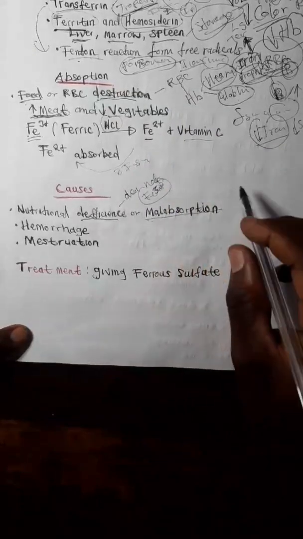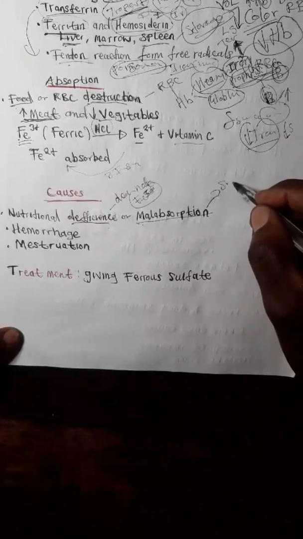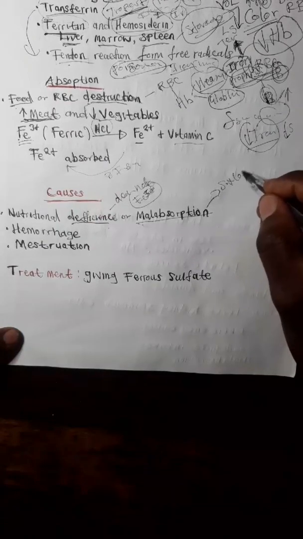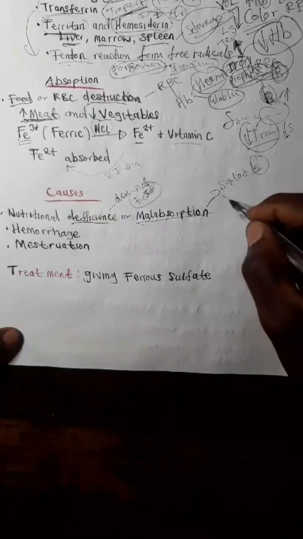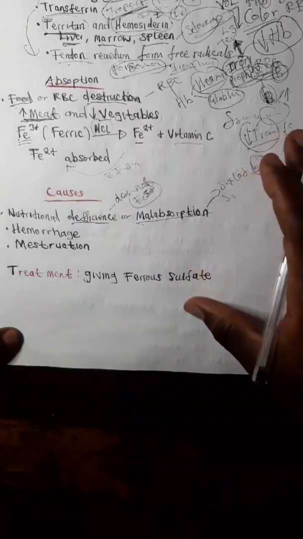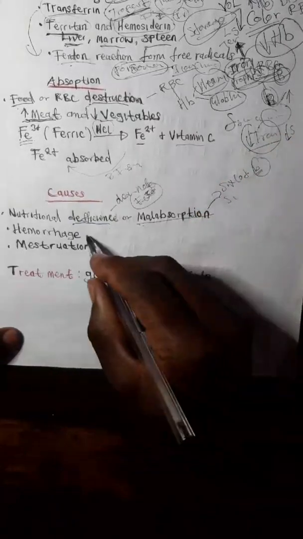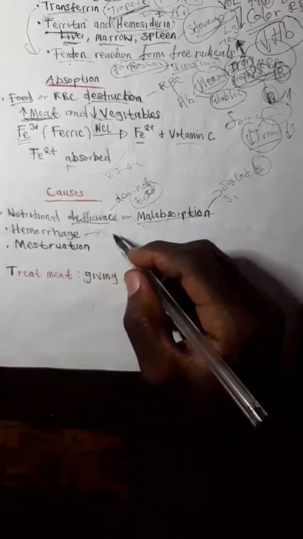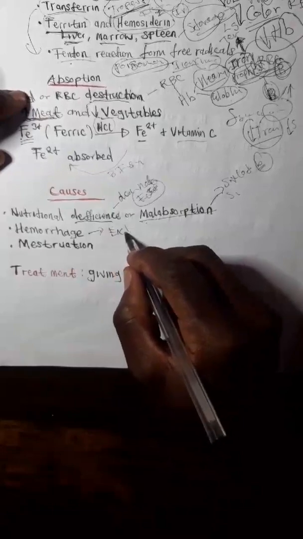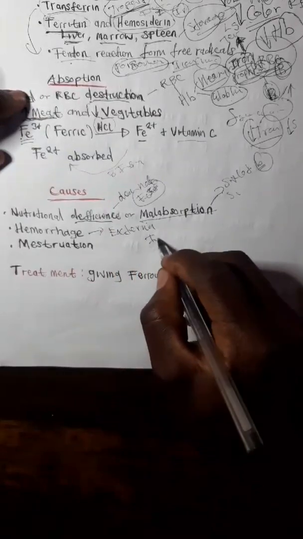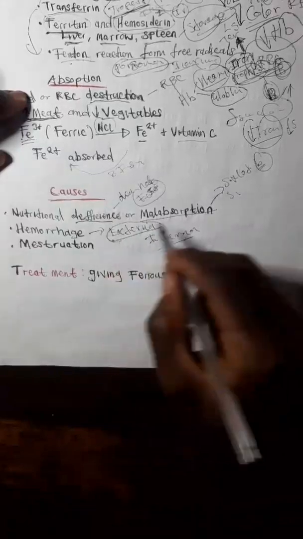Also, malabsorption, where the small intestine is not able to absorb nutrients. Since it's not able to absorb nutrients, it also can't absorb iron. Second, hemorrhage, bleeding. When we talk about hemorrhage, there are two types: the external and the internal. But here we are basically talking about the external.